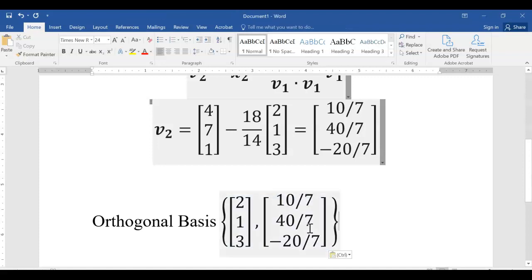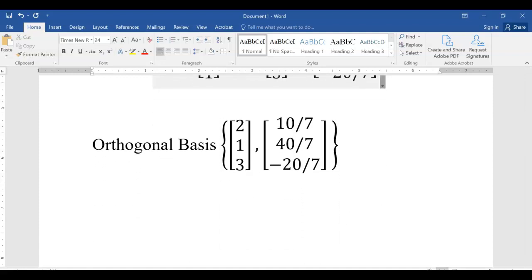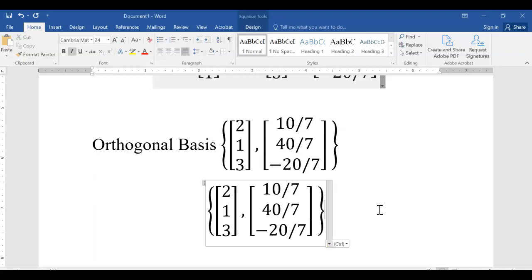Now, if this orthogonal basis kind of throws you off because of the sevenths, obviously you could have rounded decimals. The online homework asks you to do things in decimals when you get ugly answers like that. But you could have also scaled that orthogonal basis by multiplying the second vector by a 7.